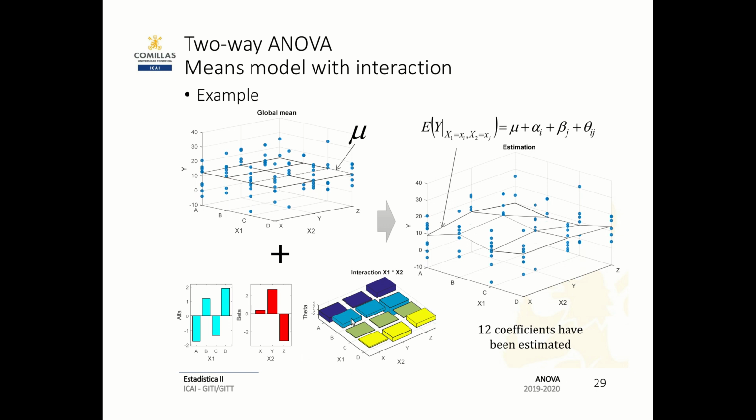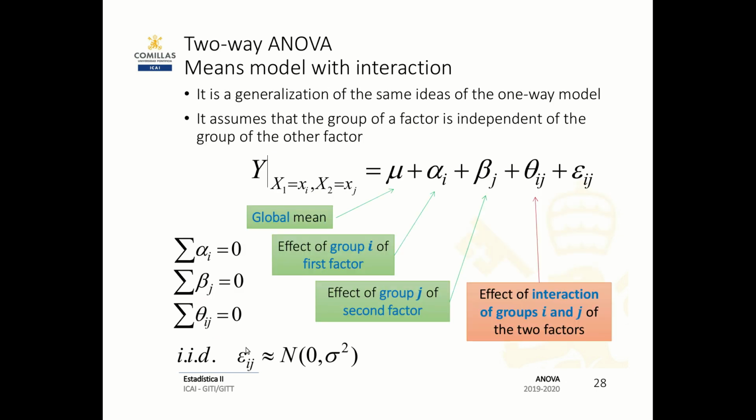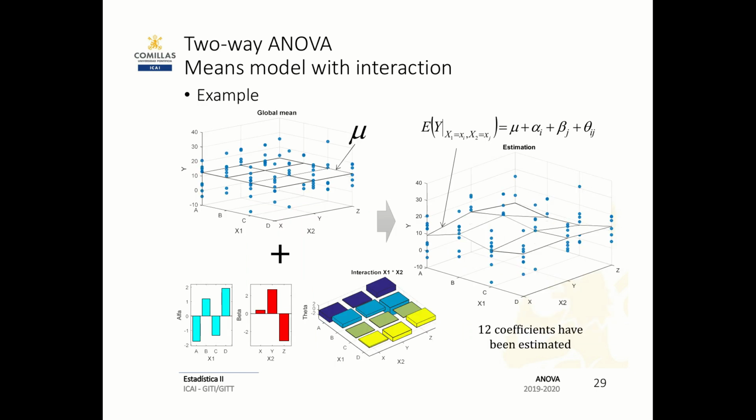But now, instead of having to estimate 12 coefficients, that is 4 times 3, for the interactions of x1, x2, actually because of these constraints, that the addition for all i's and the additions for all j's have to be 0, that is imposing a lot of constraints.